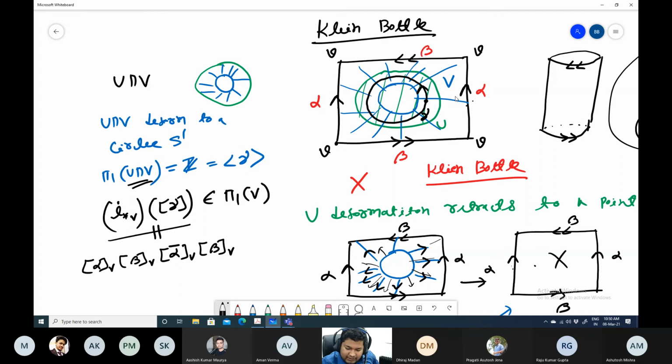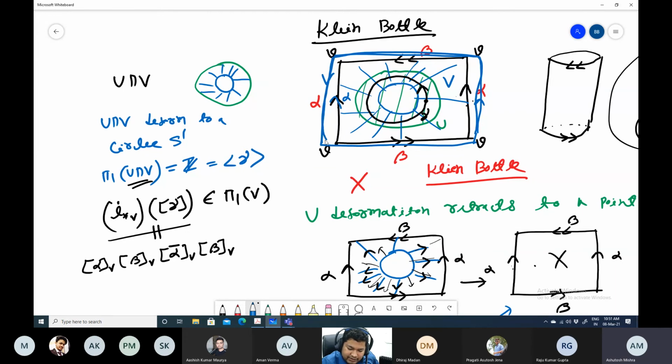Now what is that circle? That circle is homotopic to this circle. So this and this. Now what is this? This is your alpha, this is your beta. Now this is your alpha inverse, because we are going in this direction and this is called alpha.